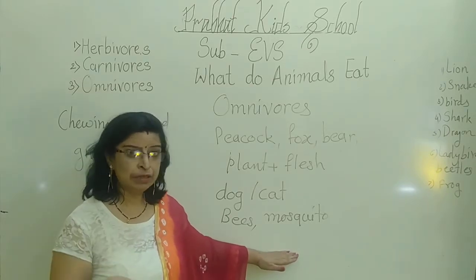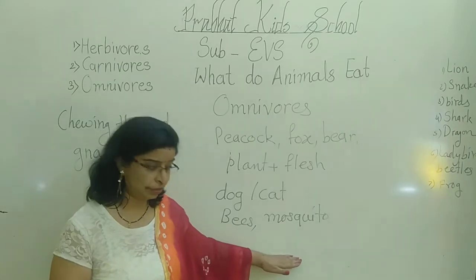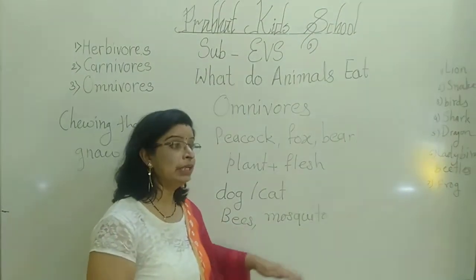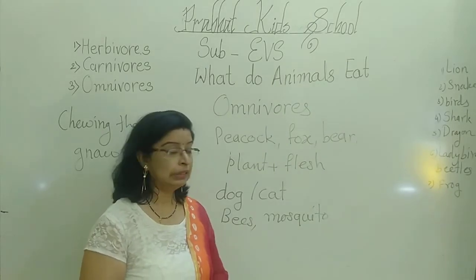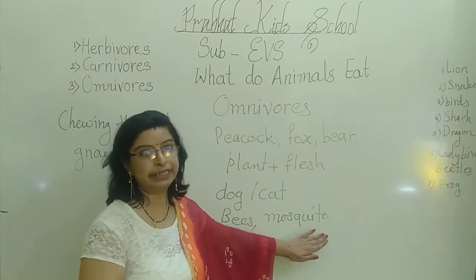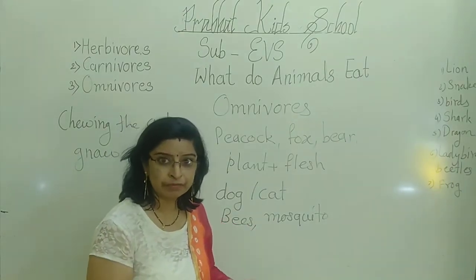We saw in the previous chapter, that is parts of the plant. What is the nectar? So these bees and butterflies feed on the nectar. These mosquitoes, you all might know, suck the blood from our body. But how do they do this?